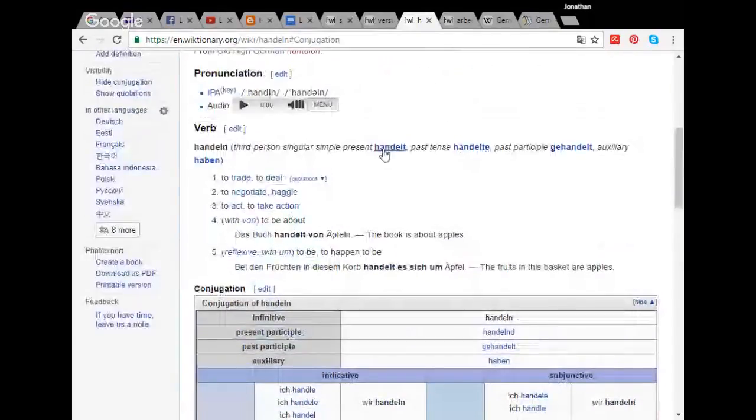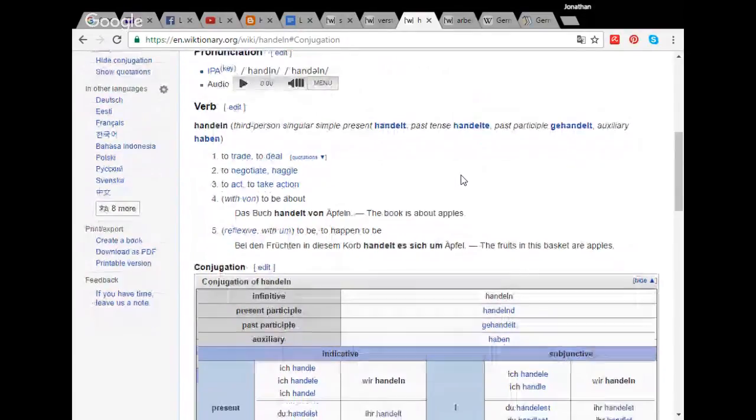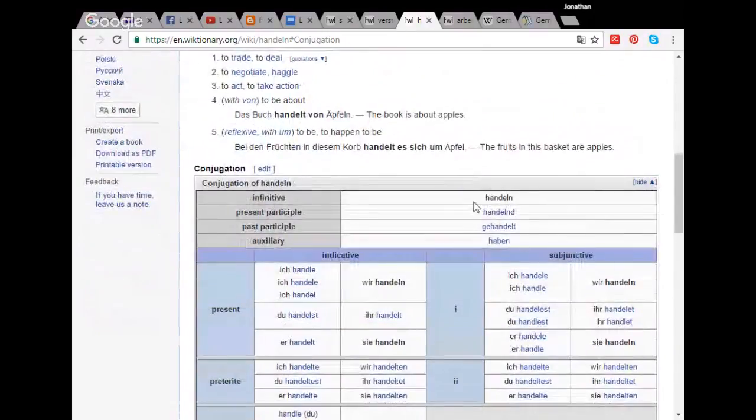You can see these forms here, handelt, handelte, gehandelt. So this ge is usually, for regular verbs, what's at the front of the past participle. There are irregular verbs in German, what are called strong verbs, and you can see how a lot of the irregular verbs that we have in English have evolved from those irregular verbs in German.